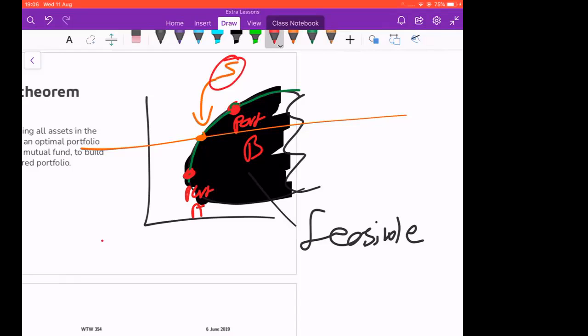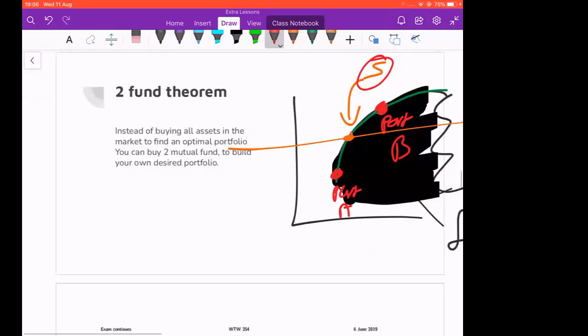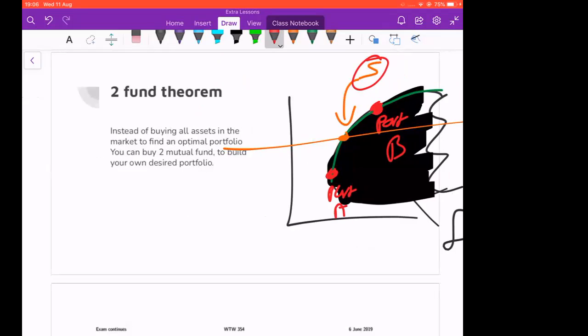I hope this makes sense. So to find portfolio P, because we normally use P, you can just say P.